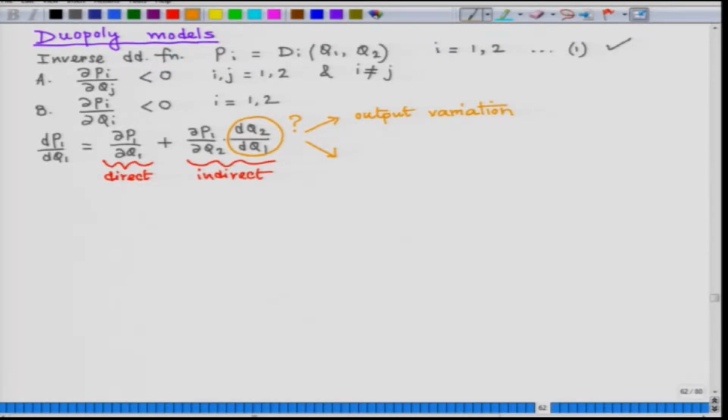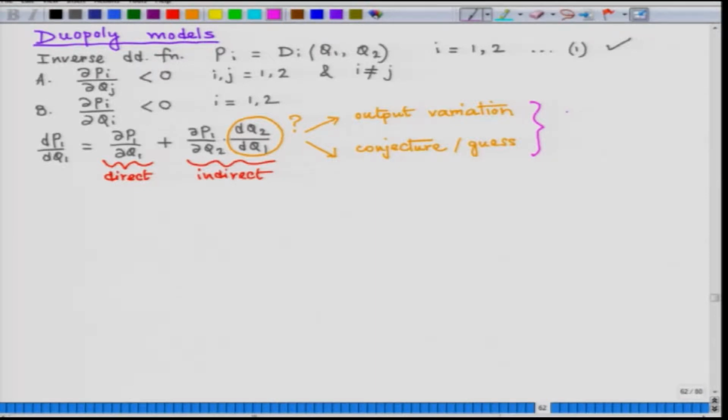So, firm 1 has to guess, or conjecture, that if it changes its output level, how the competitor firm is going to respond. So, basically there is a conjecture to be made. Okay.